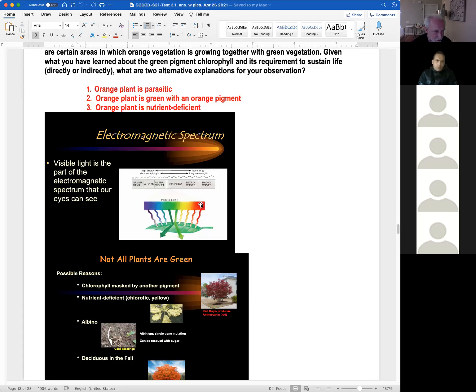Plants can see only, and by see, I mean absorb the energy of only red, yellow, and blue wavelengths. They cannot absorb green, and so they reflect it. So when we look out at plants, usually what we see is green, but not always.